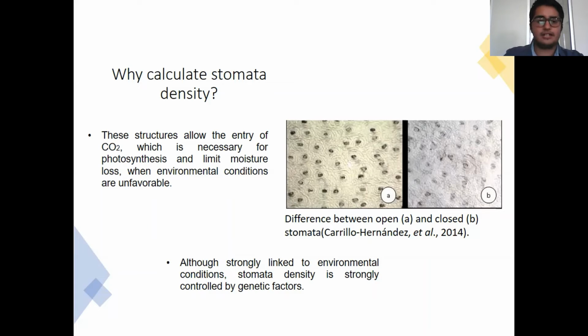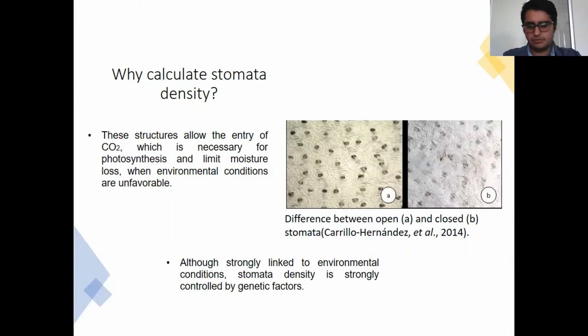Why? Because stomata density is an important tool that plants use to adapt to environmental conditions. These structures allow the entry of carbon dioxide, which is necessary for photosynthesis, and limit moisture loss when the environmental conditions are unfavorable. We can see in the picture some difference between an open and a closed stomata.